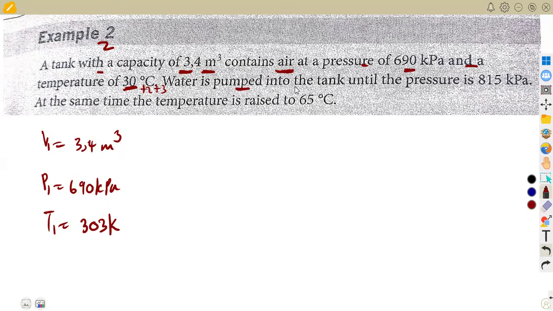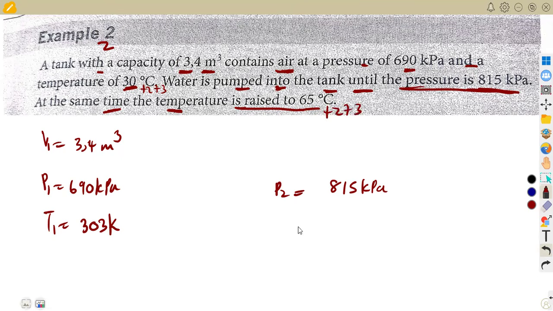Water is pumped into the tank until the pressure is, meaning to say the pressure is increased from where it was until it is 815 kilopascal. That is a compression. At the same time, the temperature is raised to, so the temperature initially, remember it was at 30, now it's at 65.